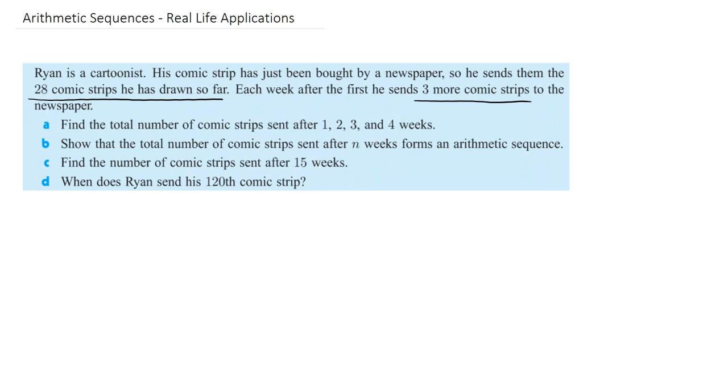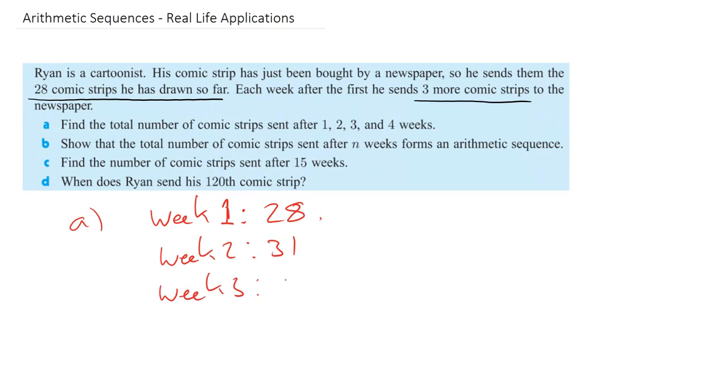So the first activity we've got to think about is finding the number of comic strips sent after 1 week, 2 weeks, 3 weeks, and 4 weeks. Week 1 is the original 28 that he sent. Week 2 is going to be 31.